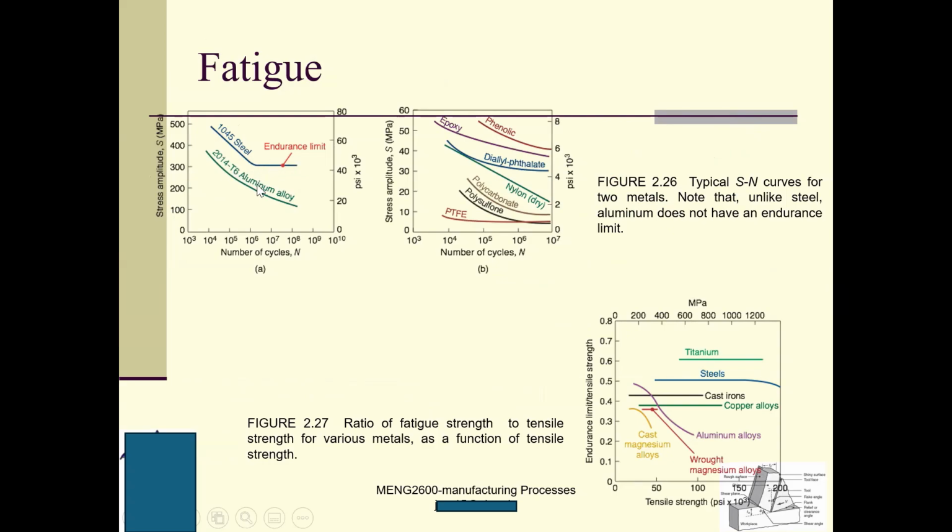For non-ferrous metal, aluminum, we don't have this clear cut. This is a knee, just like a human knee. So we don't have this endurance limit, and you should know that. This is called the SN diagram. N stands for the number of cycles, S stands for the stress. Remember, this is in the CAE class.